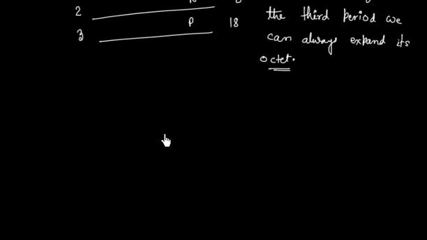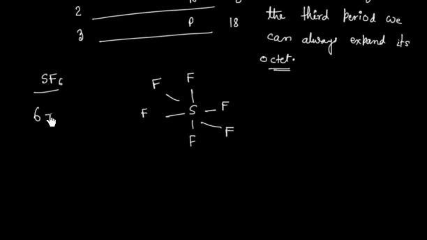You can do some more exercises of this kind. Let us say you have the SF6 molecule. This is also a case: S, F, F, F and F, connected by one bond each, so you have 6 fluorines. Now sulfur has 6 and fluorine has 7 into 6, that is 42, plus 6, total 48. We have used 6 bonds, so that is 12 electrons.